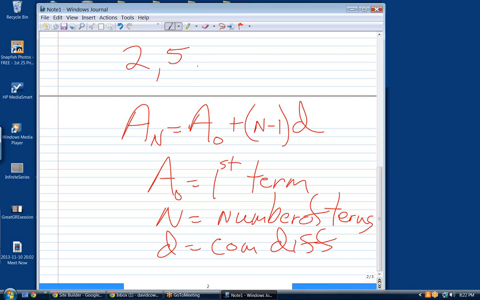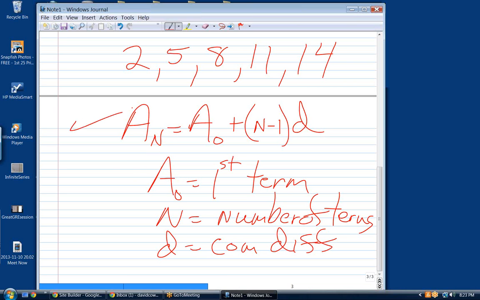Let's take a sequence: 2, 5, 8, 11, 14. This is an arithmetic sequence because it has the same difference between every two terms. That would be 3. So if I want the fourth term of this sequence, I can use this explicit definition.